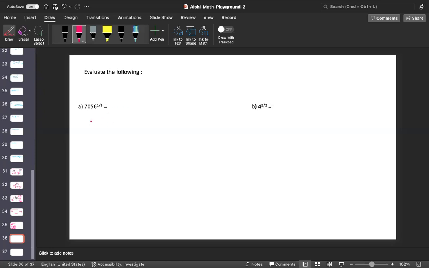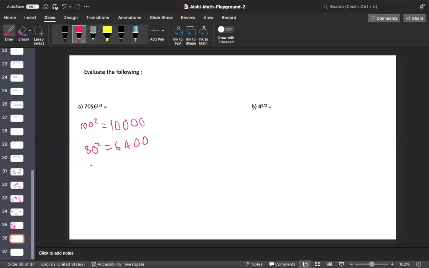So we know that 100 squared is obviously 10,000, but that is too big, right? So now if we do 80 squared, we're going to end up with 6,400, which is too small.